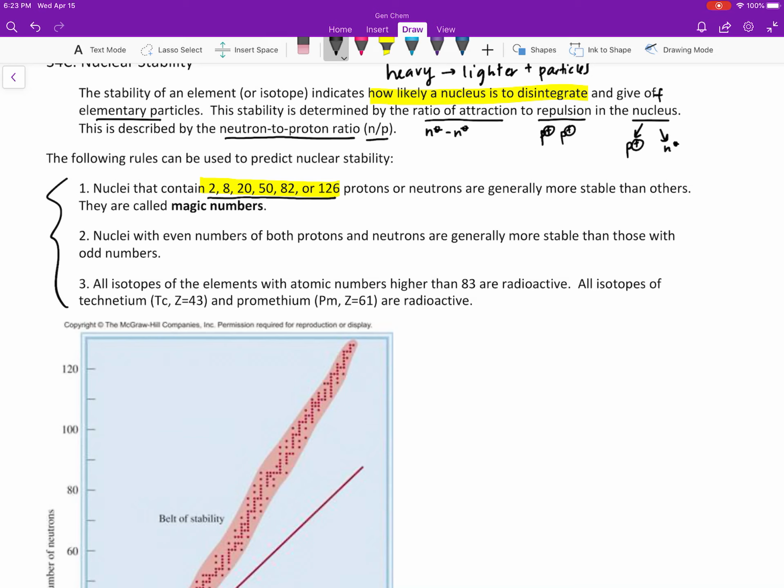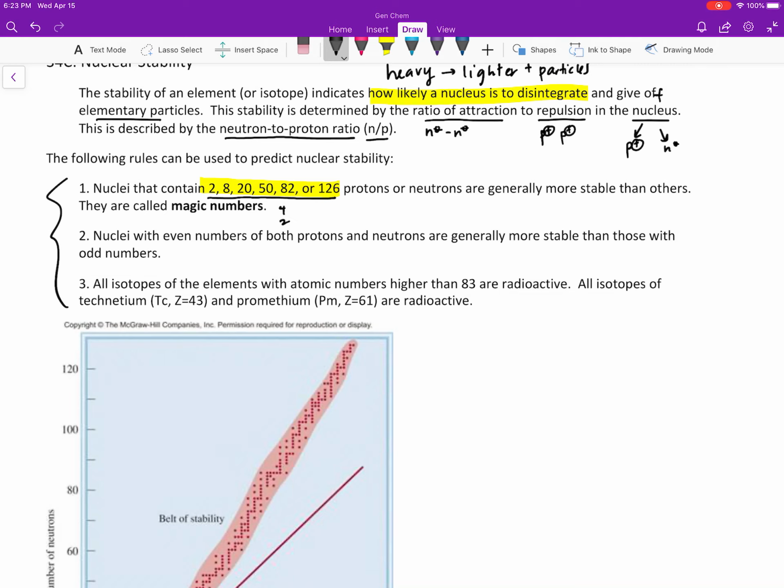And so I could always remember those 2, but then I struggled with 20, 50, 82, and 126. There's really no specific relationship between the numbers themselves, if that makes sense, but there's a reason why those particular numbers are stable. But there's no like add 6, add 12, add 30. Somehow you just need to know them.